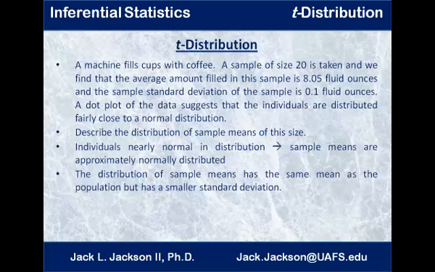It's going to have the same mean as the distribution of individuals, but it's going to have a smaller standard deviation. The standard deviation of individuals divided by the square root of the sample size is going to be the standard deviation of our x bars. So this is the setup we need for a t-distribution if we're going to do any hypothesis testing or confidence intervals.